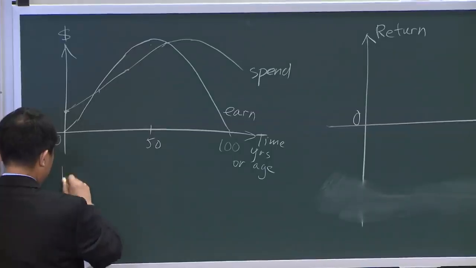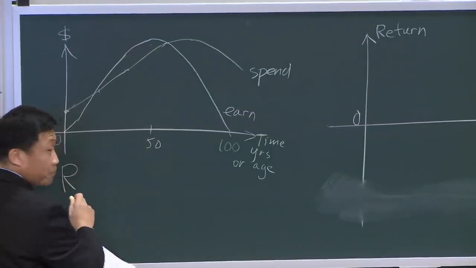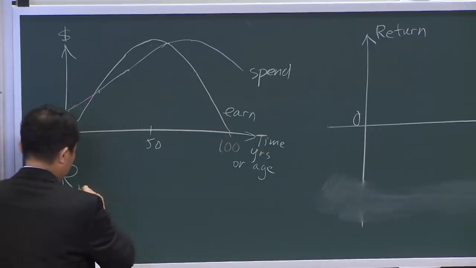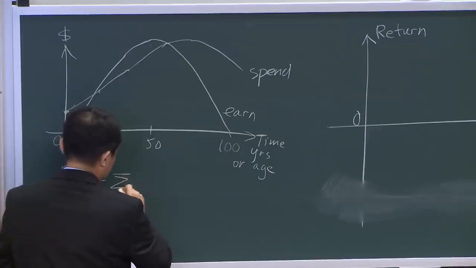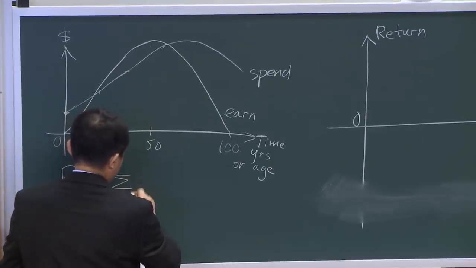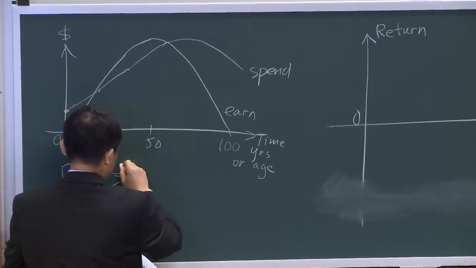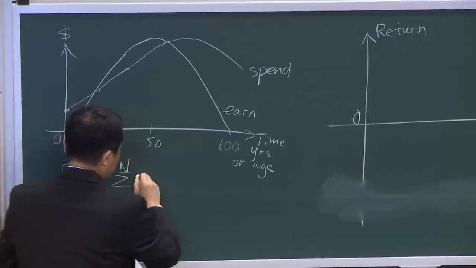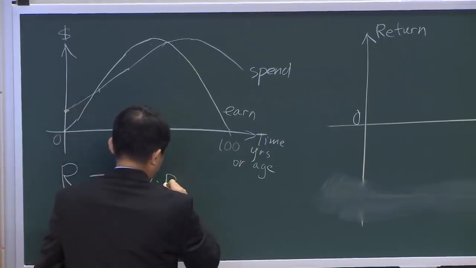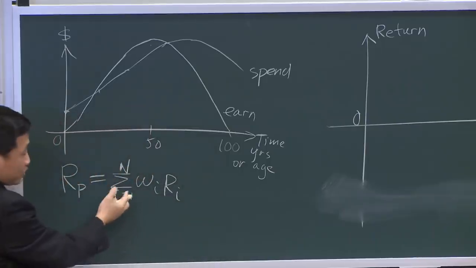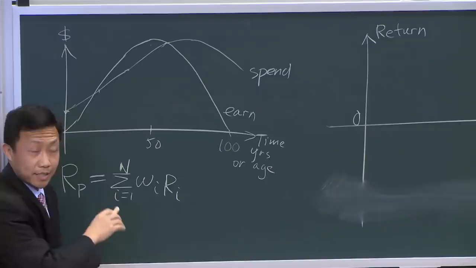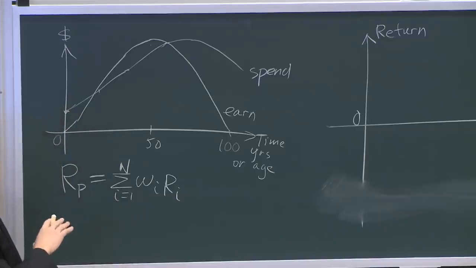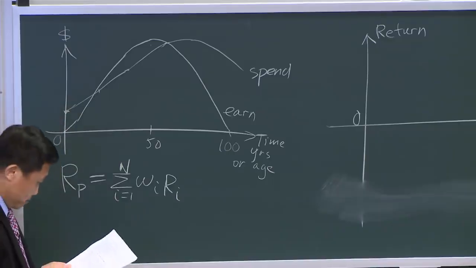Let's say you have a portfolio. Let's call the expected return of the portfolio R of P, equal to the weighted sum of all the expected returns of each asset. You basically linearly allocate them.